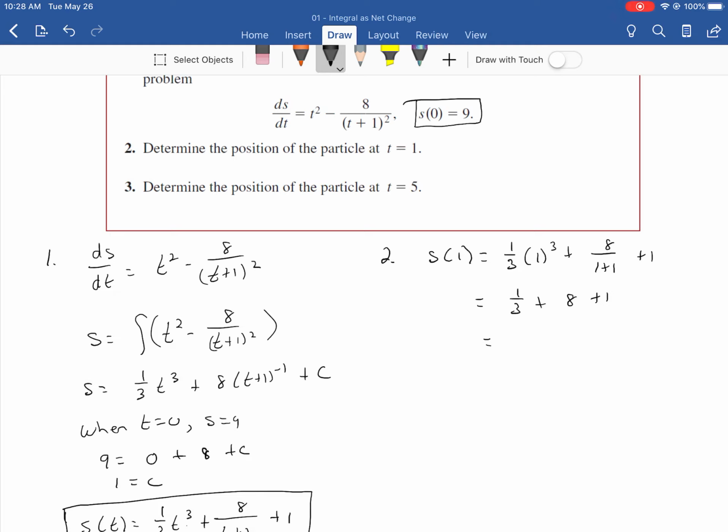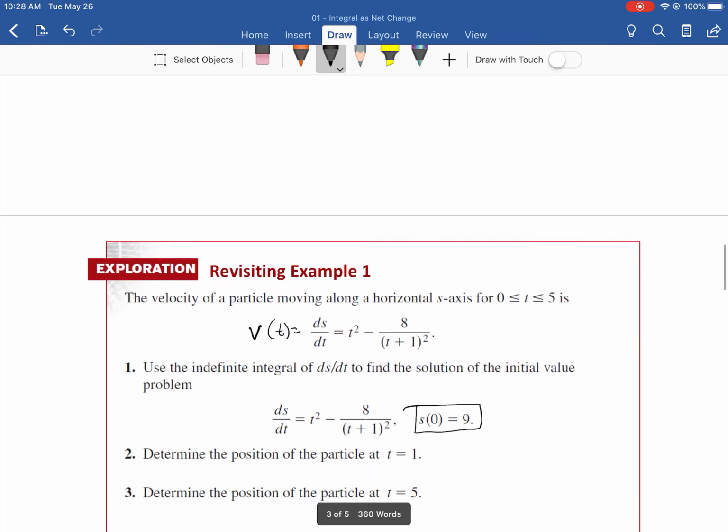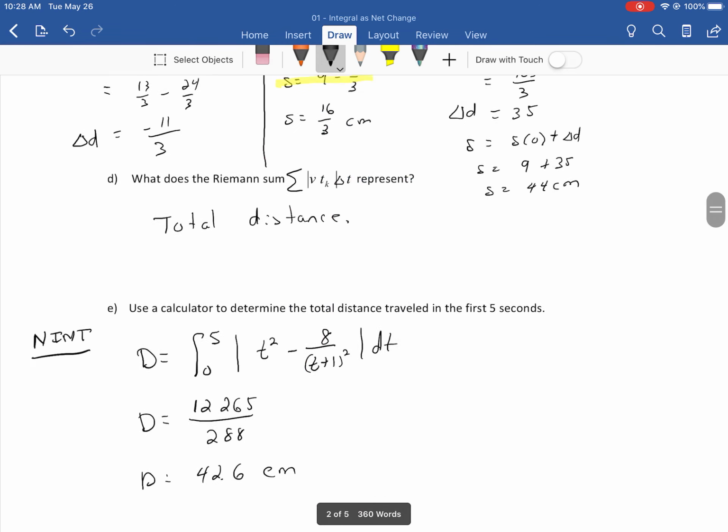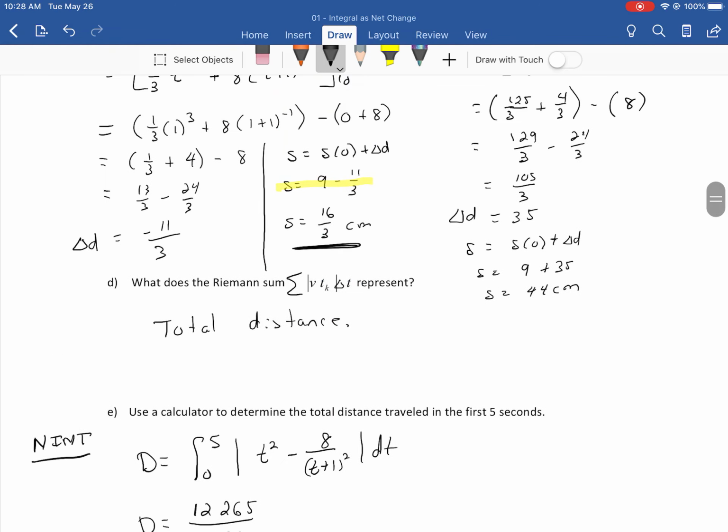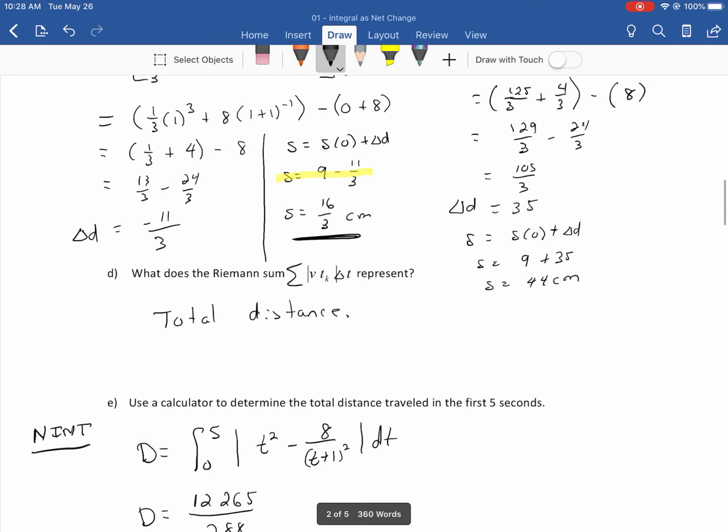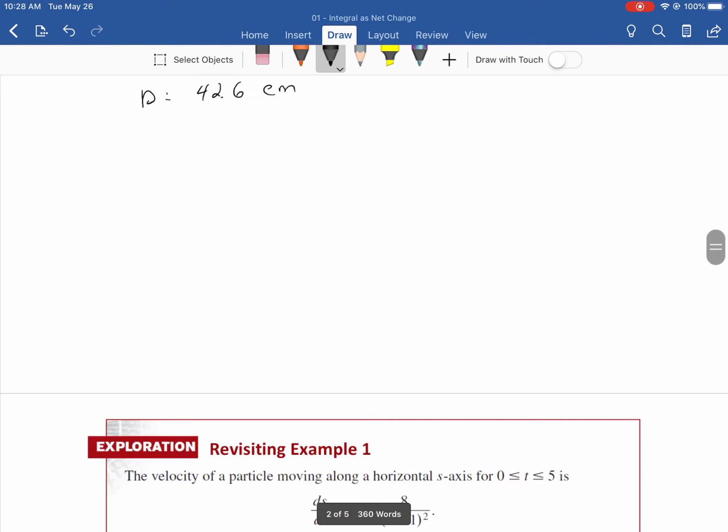Oh, 8 over 2. That's not an 8, that's a 4. And so what I get here is 5 1/3, which is 16/3. And that's the same thing I got up here, which was 16/3 after I added that initial position in there.